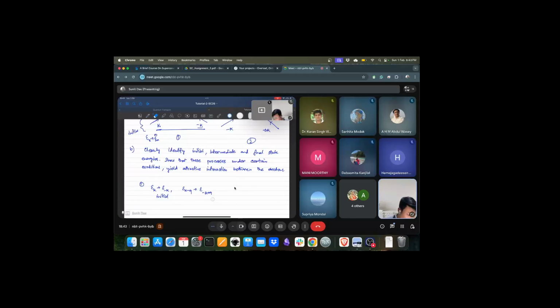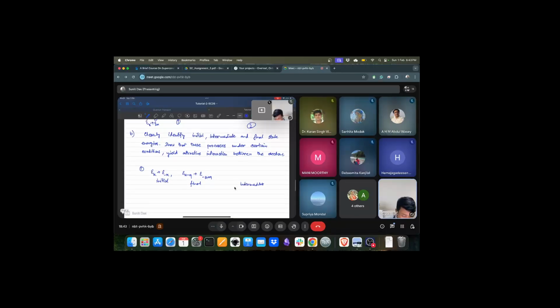And then the intermediate will be epsilon k plus epsilon minus k plus h bar omega q.